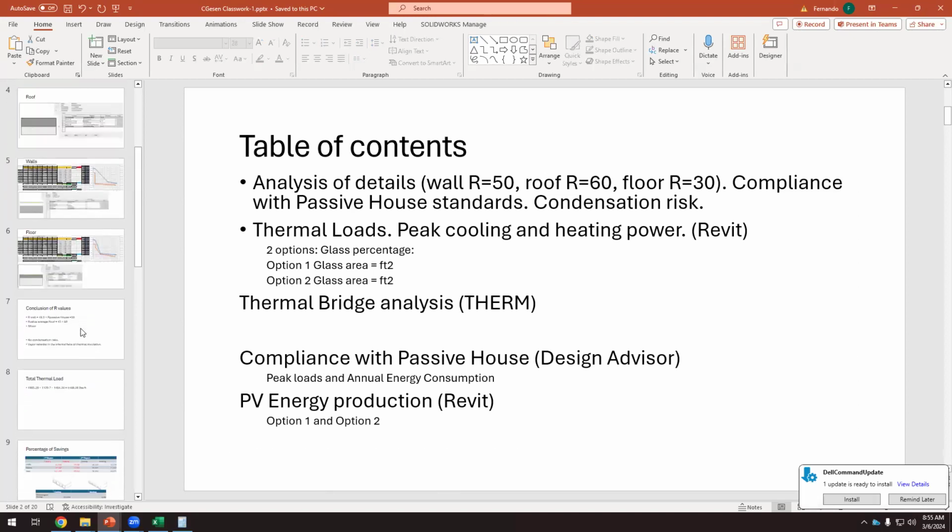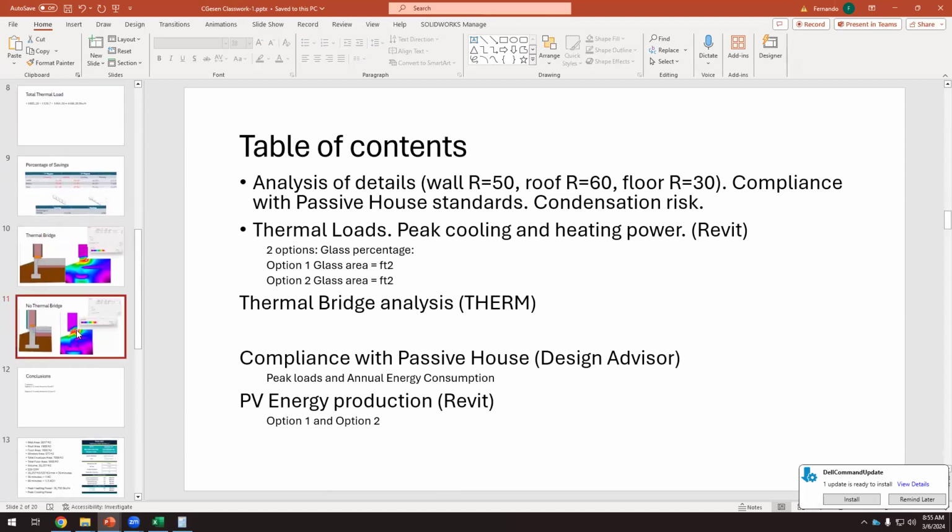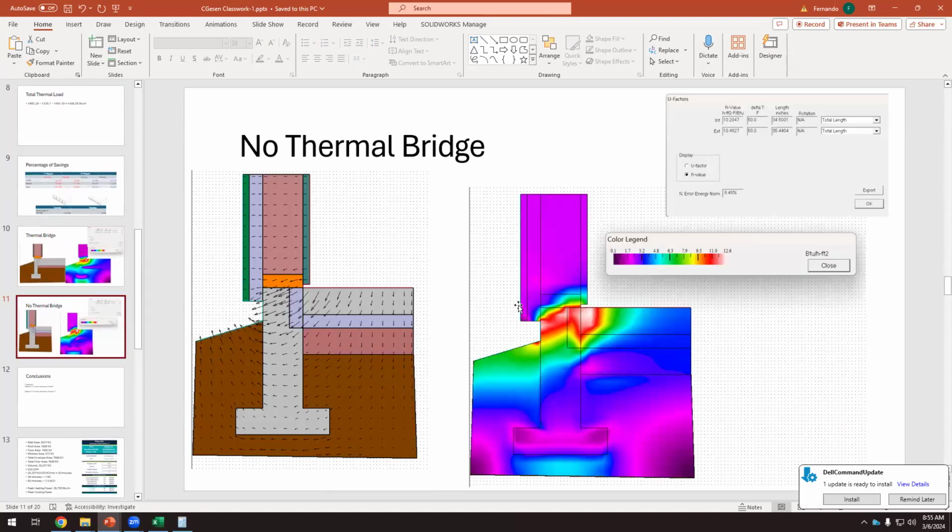And the worst thing here would be the thermal bridge. This solution to the thermal bridges is not the best, and probably we will end up having some condensation or some mold in these details, even with the solution, because it's not good enough.